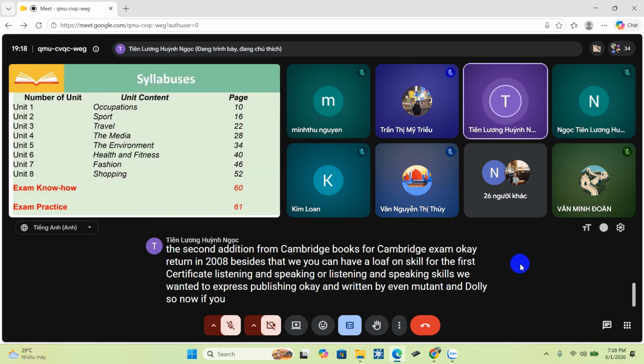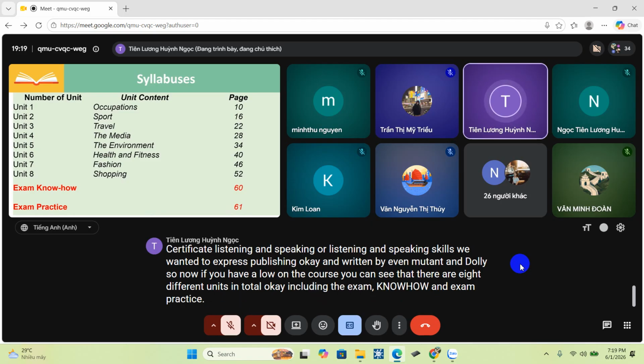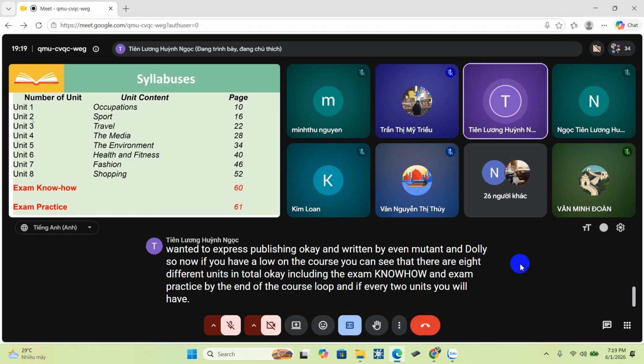Now if you have a look at the coursework, you can see that there are eight different units in total, including the exam know-how and exam practice at the end of the coursework. And every two units you will have a practice.